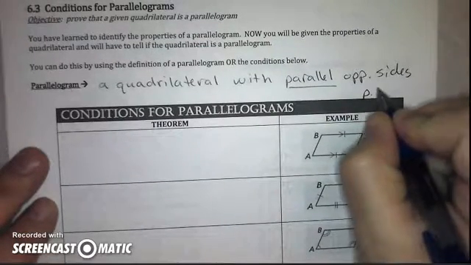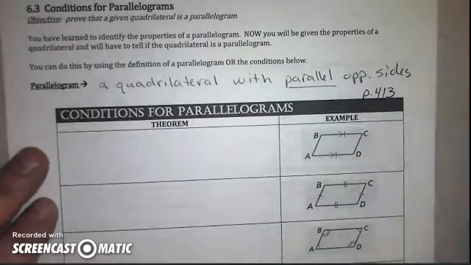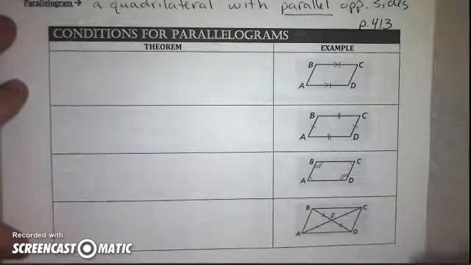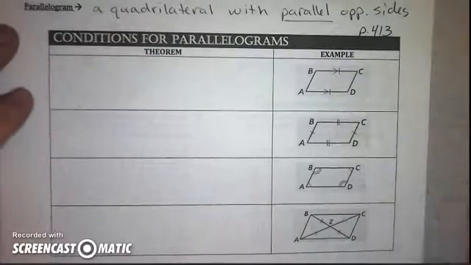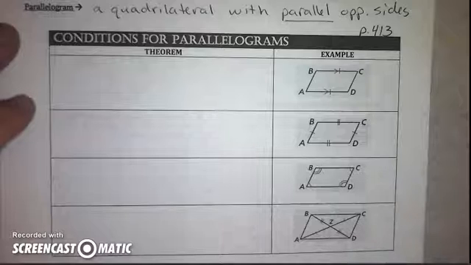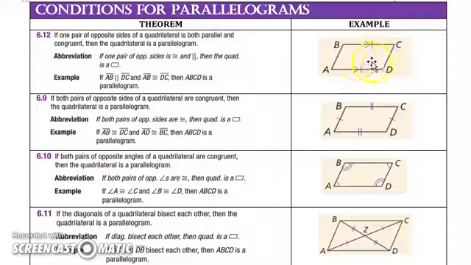Again, you're going to look for page 413 to find those charts, and they are out of order. I didn't realize this for all the classes. I know I pointed it out to a few of you, but this order of the pictures is not the order they are given, and so your chart needs to look like this. Since this is the first picture you're given, you actually want that last one in the book chart, and that's about having one pair of opposite sides that are congruent and parallel.